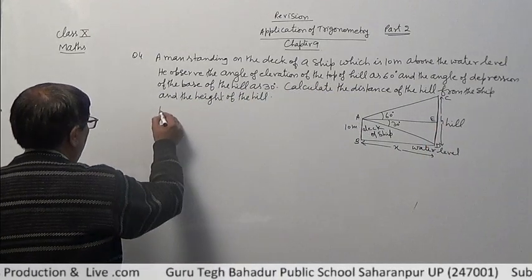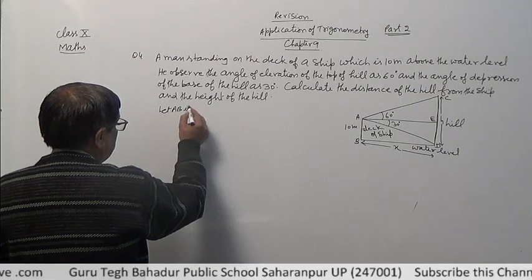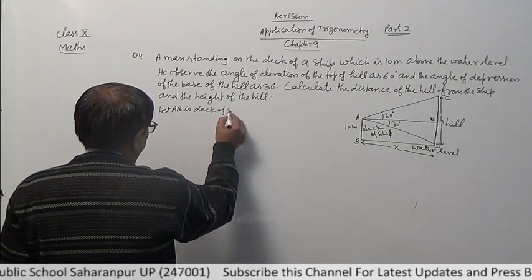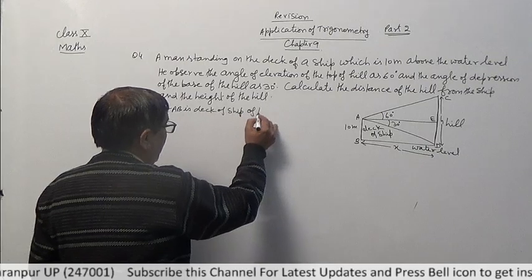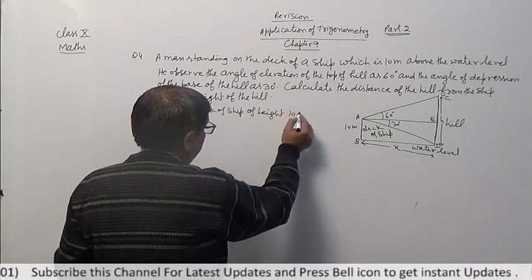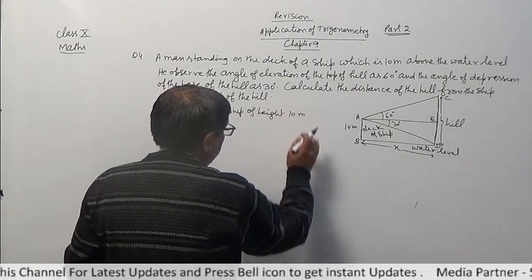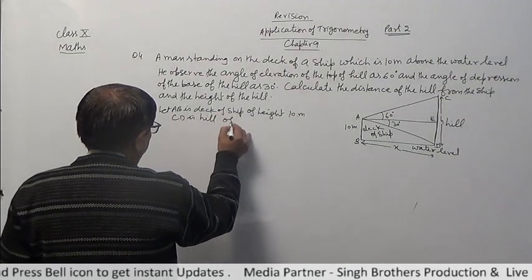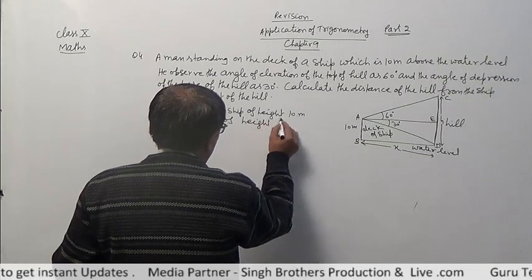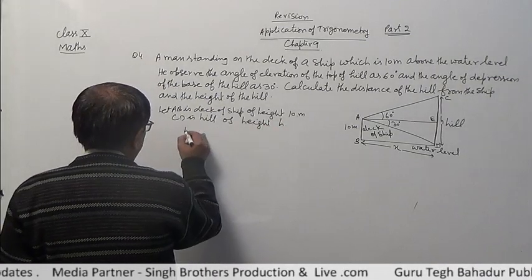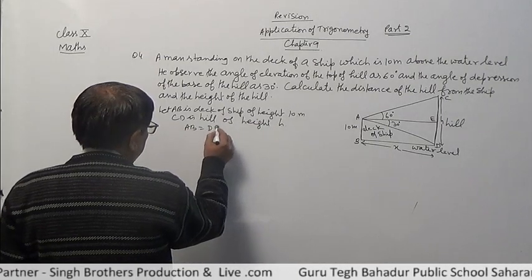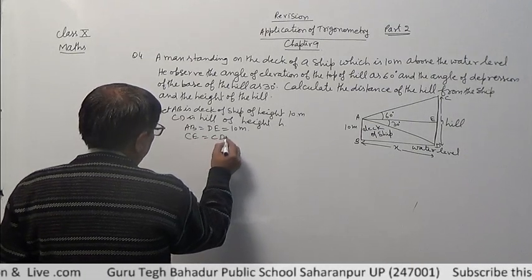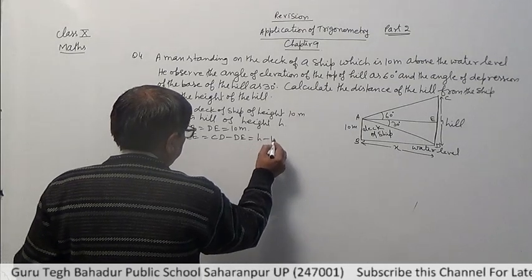Let AB be the deck of the ship of height 10 meter, and CD is the hill of height H. AB is equal to DE is equal to 10 meter, CE is equal to CD minus DE, H minus 10 meter.